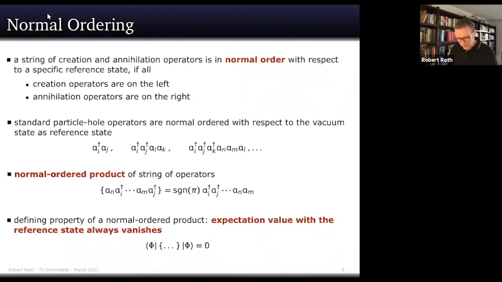There is one thing which is very important about these normal ordered products. And this is a very general statement, namely that the expectation value of a normal ordered product with the reference state always vanishes. Whenever you take such a curly bracket object and sandwich it between the reference state, for example the vacuum state, then the whole thing is automatically zero.